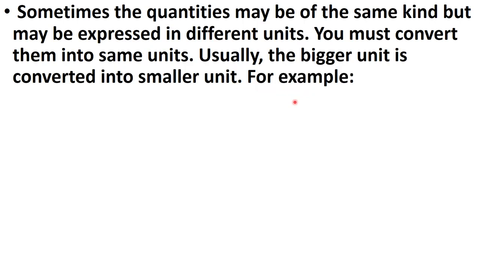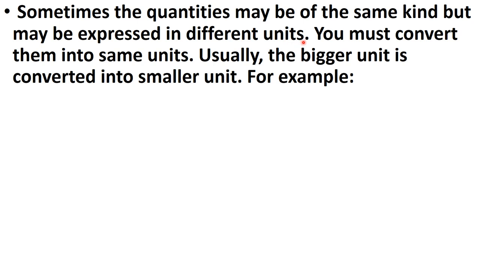First of all, let me explain. Sometimes the quantities may be of the same kind, means the kind is same. We are comparing height, then we are comparing the height of both. Or if we are comparing weight, we are comparing the weight of both the children. But they may be expressed in different units.